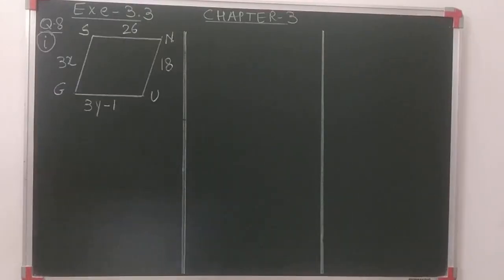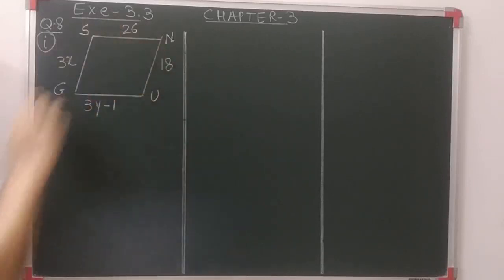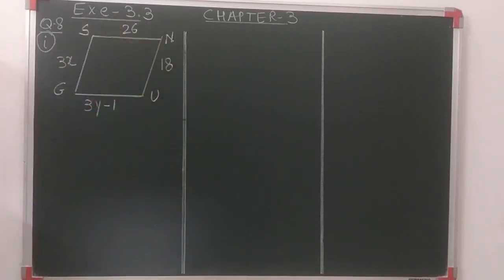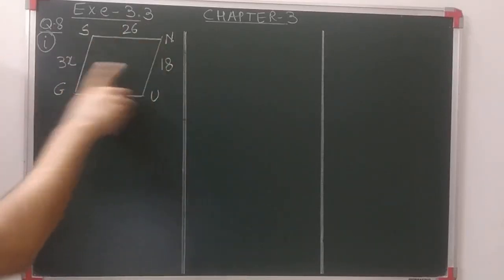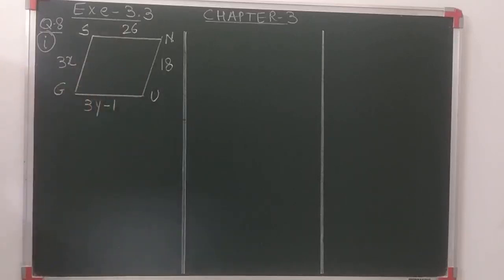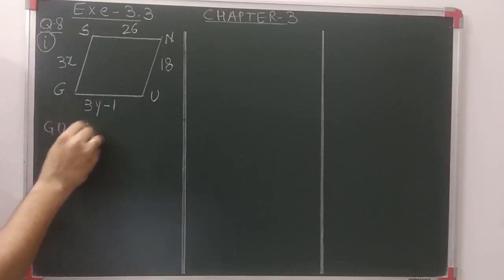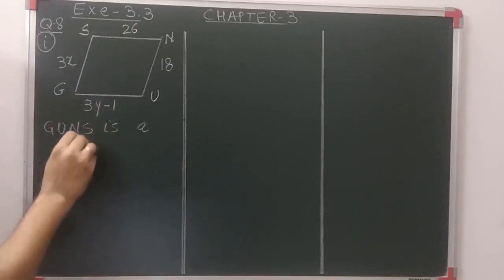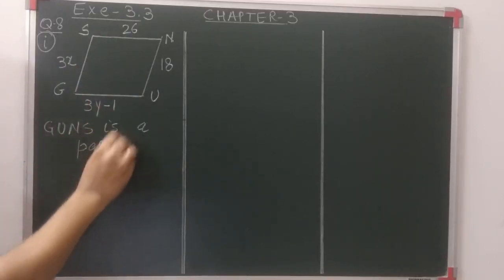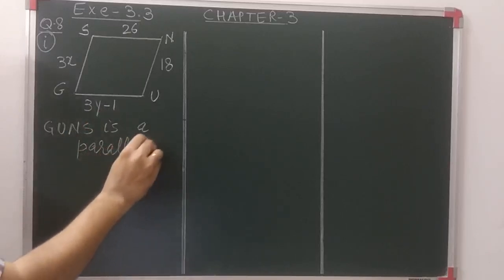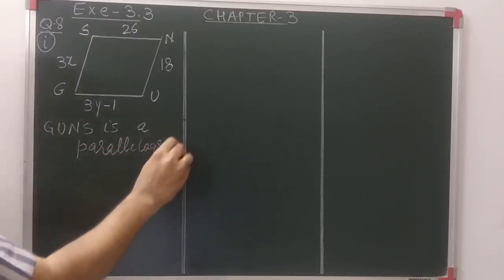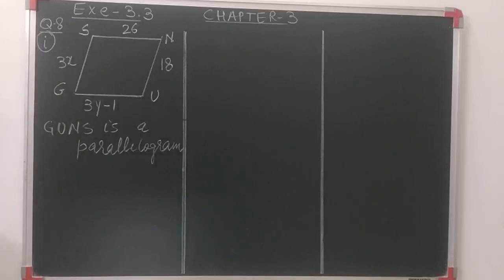Look at this question. It is given that GUSN is a parallelogram. The pairs of opposite sides are given and we have to find out x and y. So it is a parallelogram. We know that in a parallelogram, the pair of opposite sides are equal.